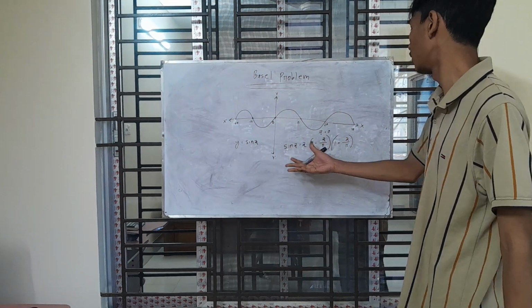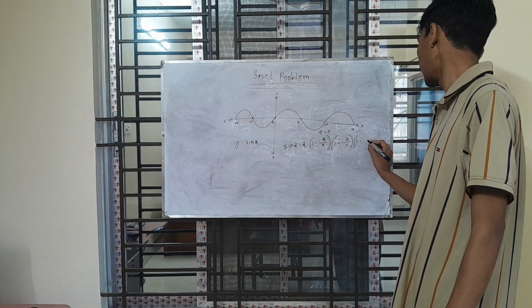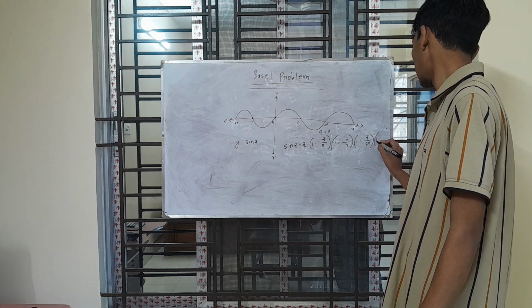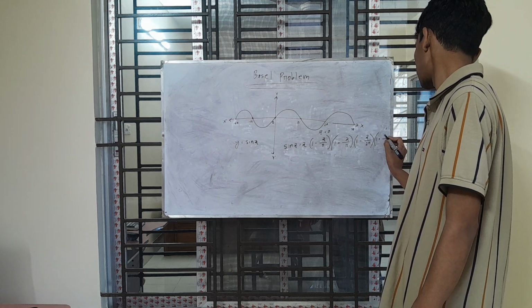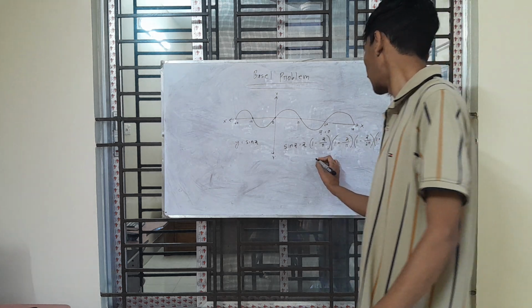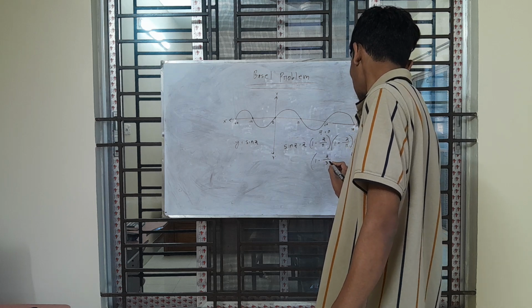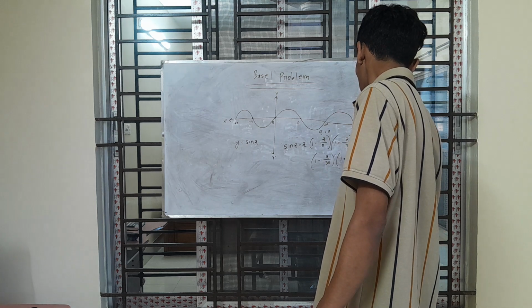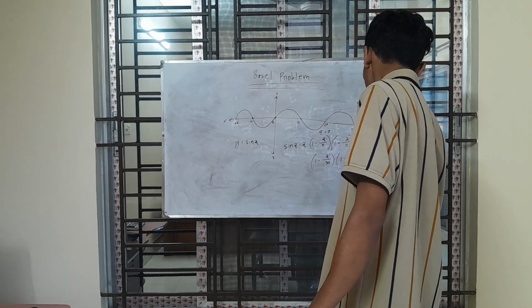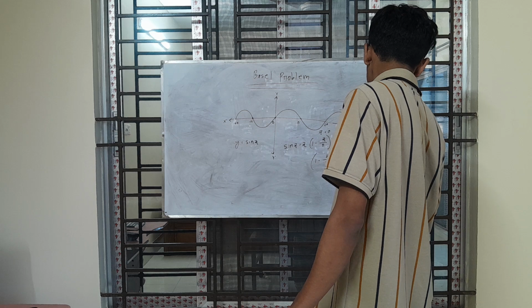And then like this, we could put 1 minus x by 2 pi, 1 plus x by 2 pi, and 1 minus x by 3 pi, 1 plus x by 3 pi, and so on.